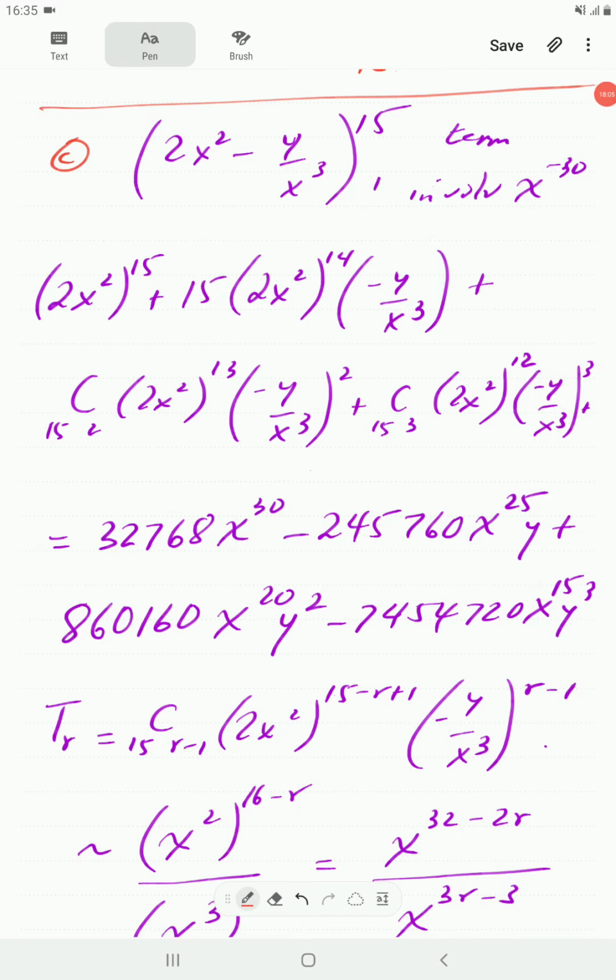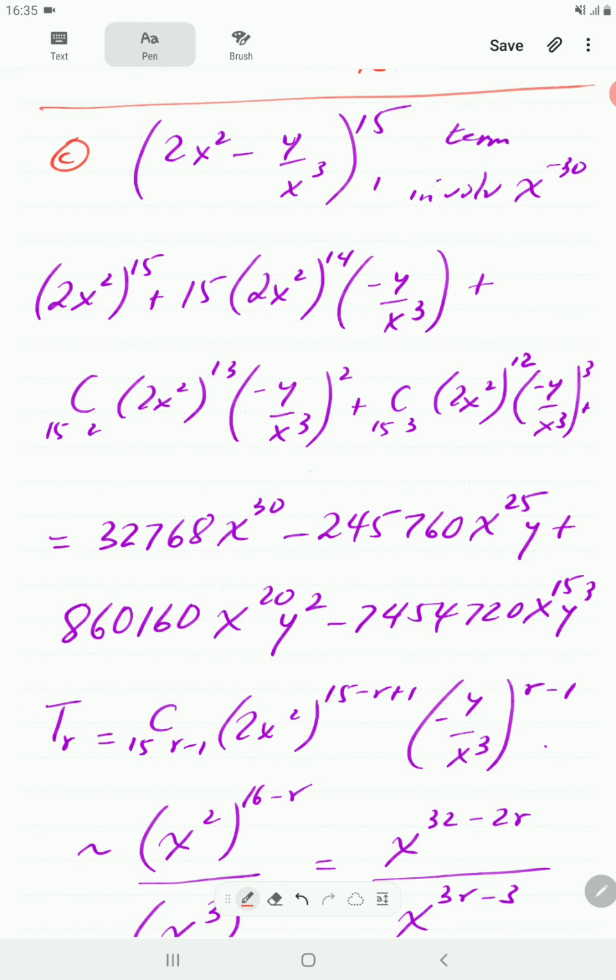Alright, here the first term is 2x squared, the second term is minus y over x cubed, and n is 15. So the first 4 terms are going to be: first term to the power 15, and then second term coefficient is 15, and then first term is now to the power 14, and then second term is to the power 1.